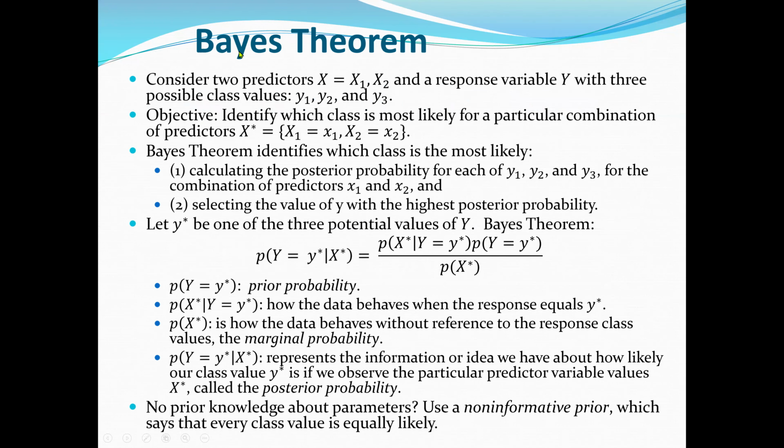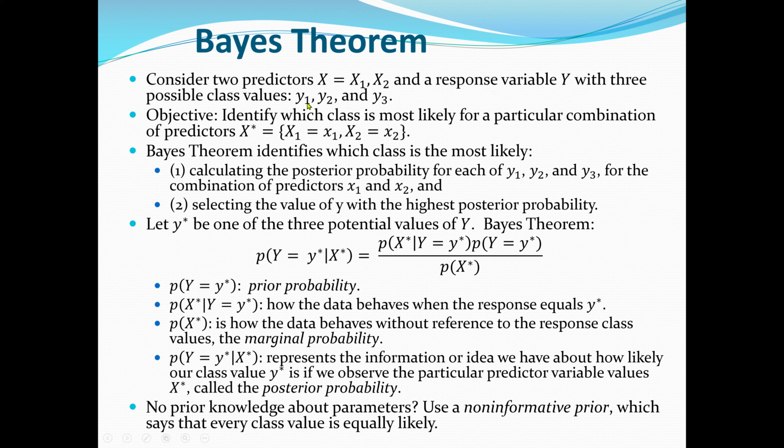So we start with the Bayes theorem. Here we are going to consider two predictors, X1 and X2, and also a response variable Y, which means the inputs X1 and X2 will determine the output, the response variable Y, with three possible class values.